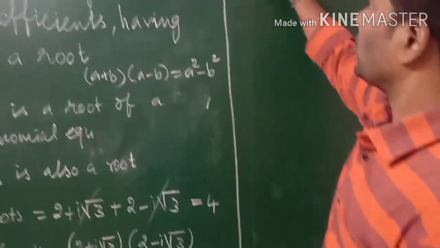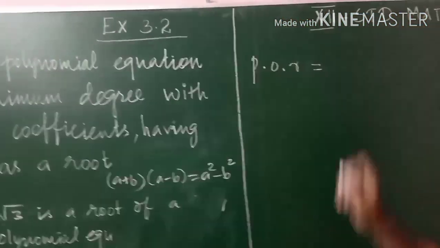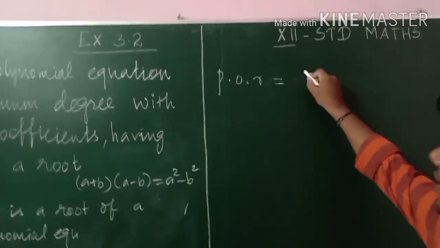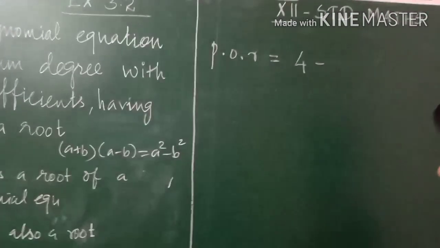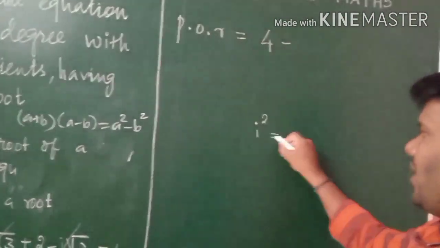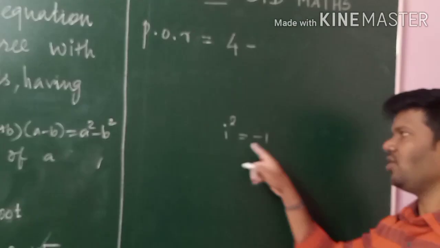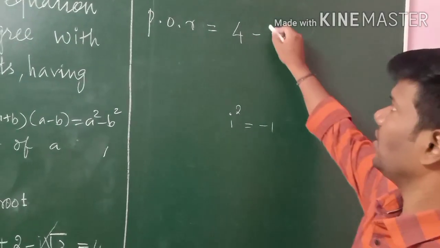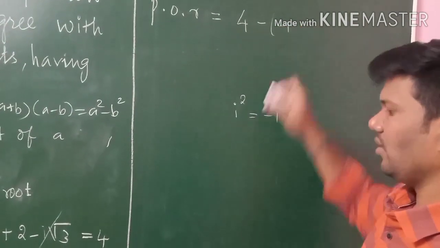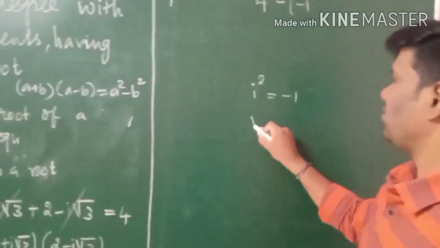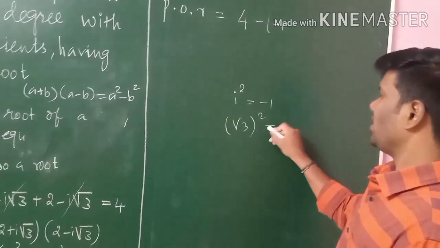So product of roots. What is product of roots? 2 square 4 minus i square. What is the value of i square? Minus 1. So complex number படிச்சிருப்போம். The value of i square equal to what? Minus 1. So minus 1 into what is square root of 3 square? Square root of 3 square means what?